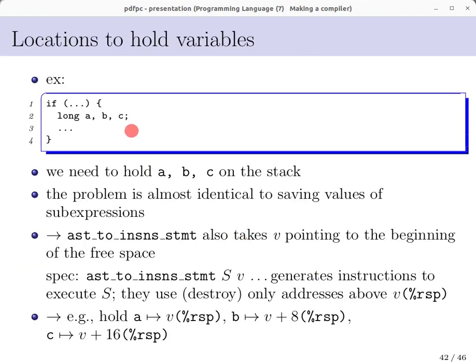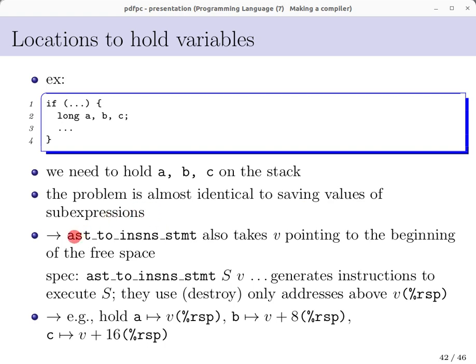A similar consideration must happen for determining the locations for variables, not intermediate results for evaluating expressions. For example, in this compound statement, you need to hold A, B, and C on the stack during the execution of this compound statement, right? And the problem is almost identical to saving values of sub-expressions I have just talked about.